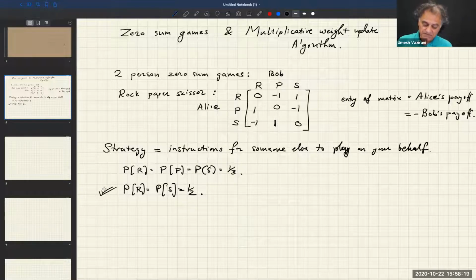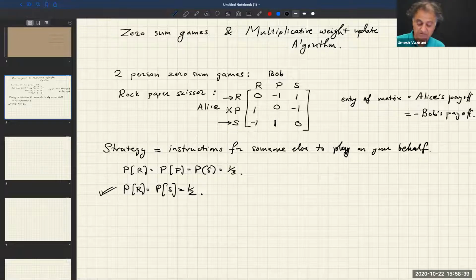Well, so here's what Bob would do. Bob would say, well, look, if I play rock, my expected payoff, so Alice is going to play rock with probability 1/2 and scissors with probability 1/2, and paper is never going to be played.